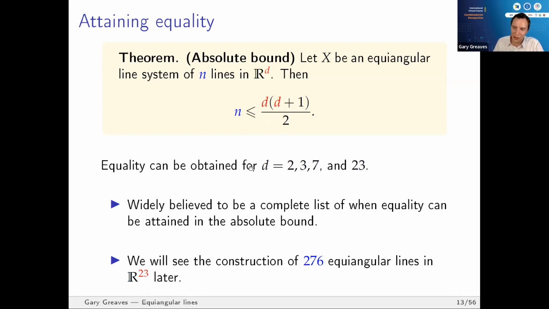In fact, this is actually an open problem: where does equality hold for this bound? What we know is that we can attain equality in this bound when d is 2, 3, 7, or 23.